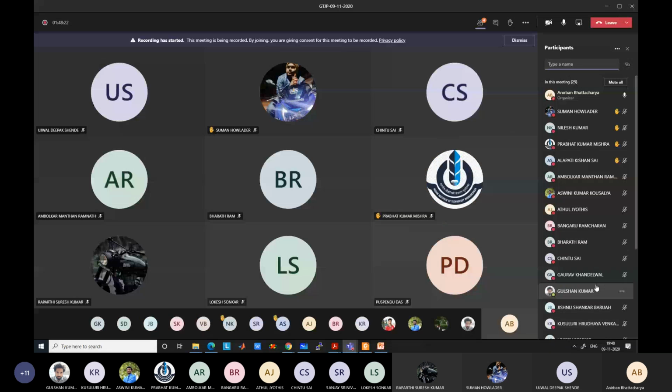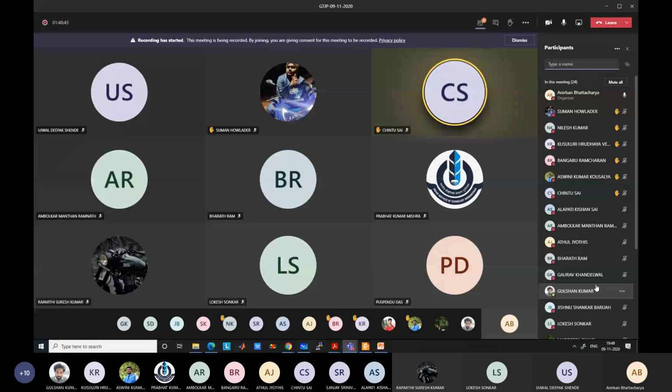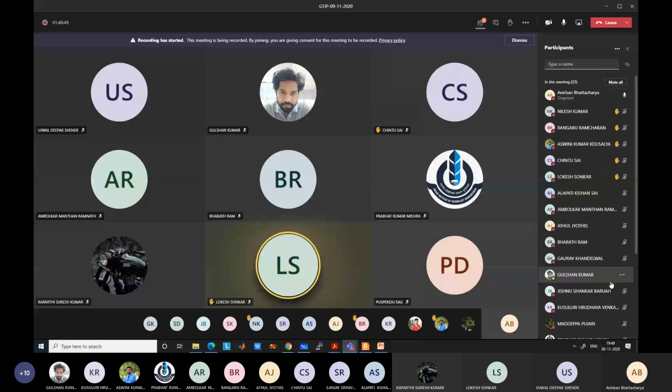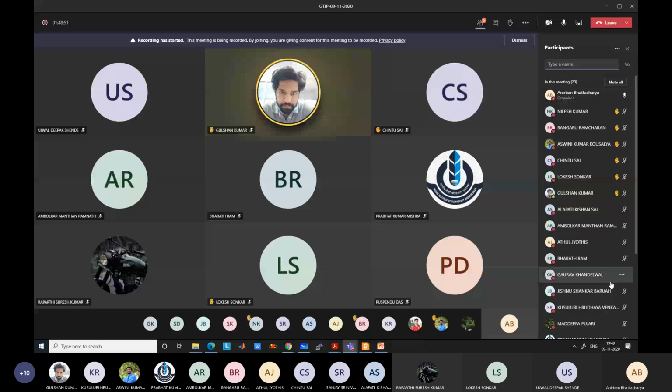Dhruv has already left. Then Venkata Rajendra is present. Then Atul is present. Ramcharan is present. Suman is present. Ashwini Kumar is present. Gaurav Srivastav, I think I saw Gaurav Srivastav. Where is he? I don't see him here. Not present.